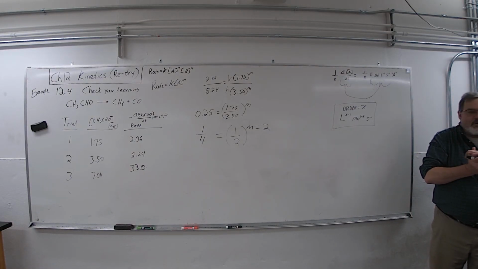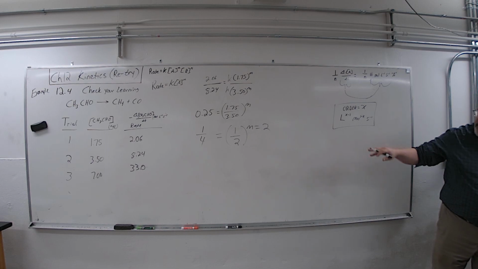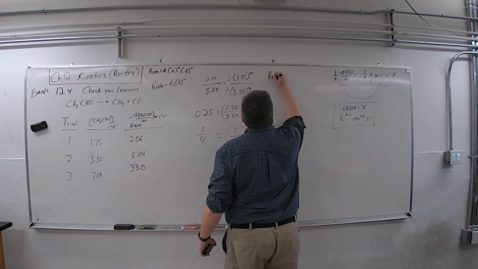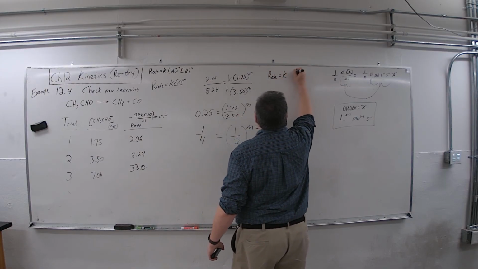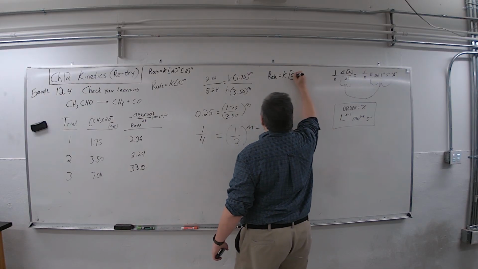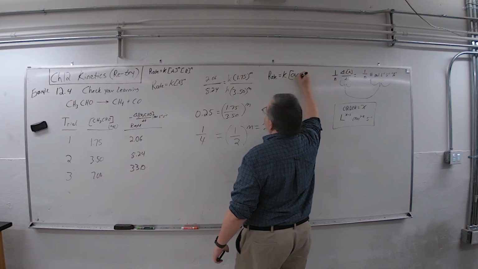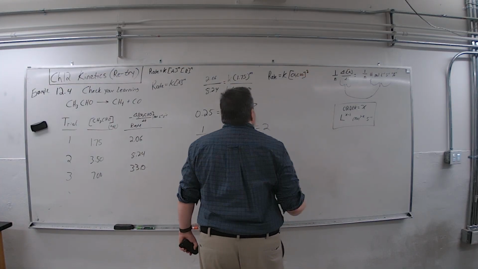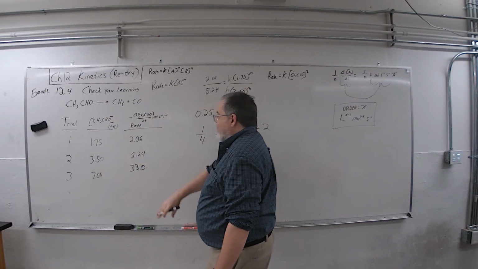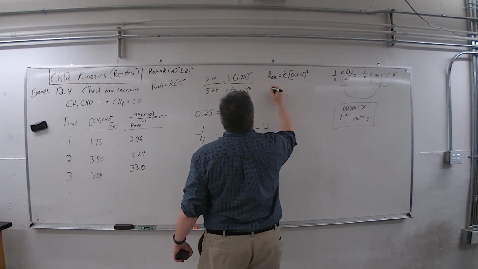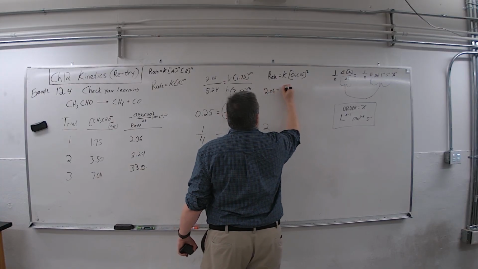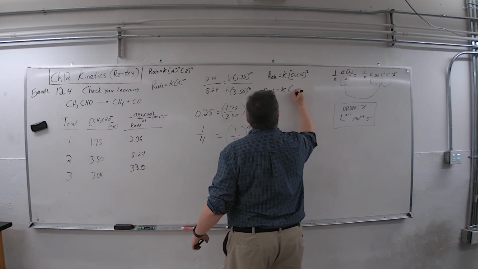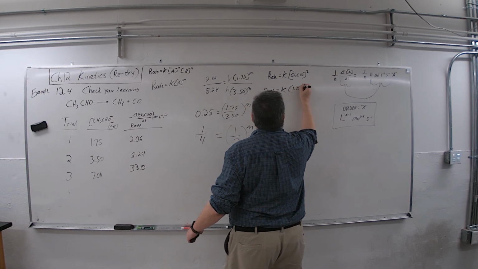Okay, there's one more question. What is K? Now that we know M is 2, we can write this as rate equals K times the concentration of CHO to the second power. And now we just pick any one of these we want. I'm going to use the first one. The rate is 2.06, K, concentration is, I'll put this in, 1.75 squared.